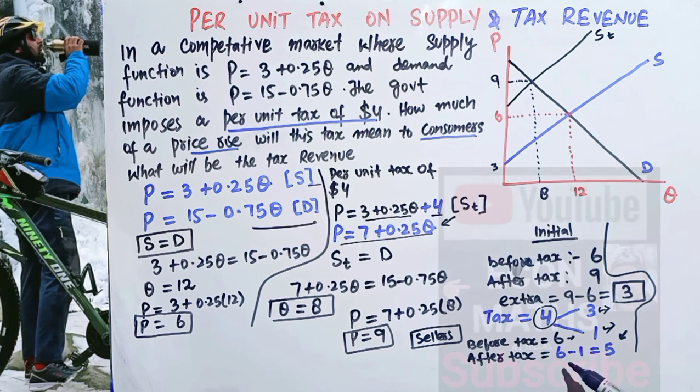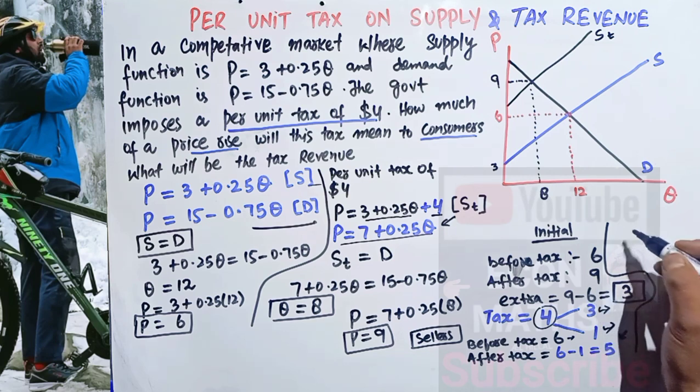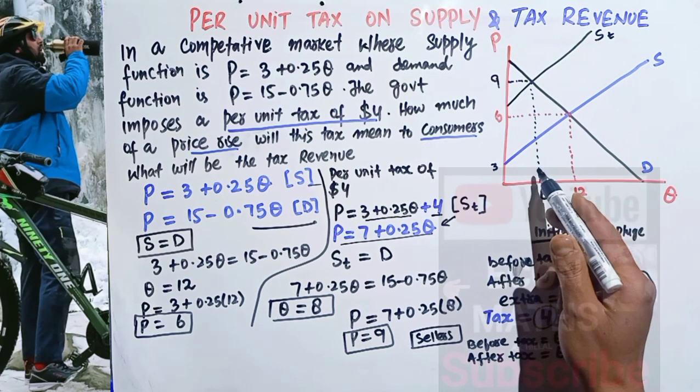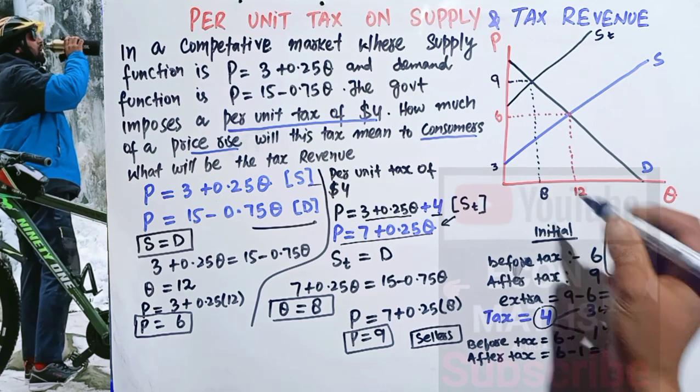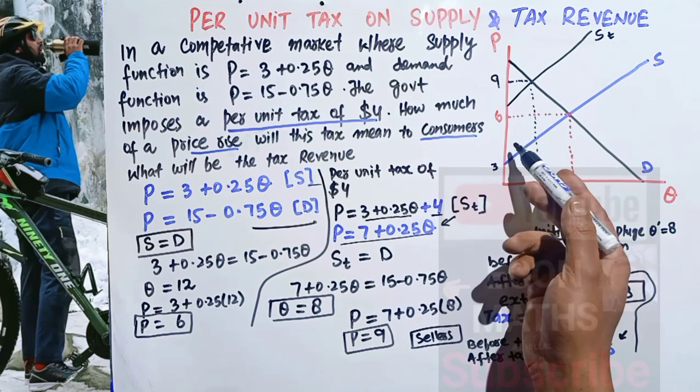Since they have to pay 1 additional unit towards the government, after tax the price that sellers will get is 6 minus 1, which comes out to be 5. Here you can also get it by plugging the new quantity transacted, that means q dash equal to 8, in the old supply function to get the intercept.